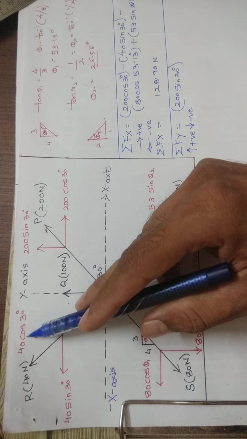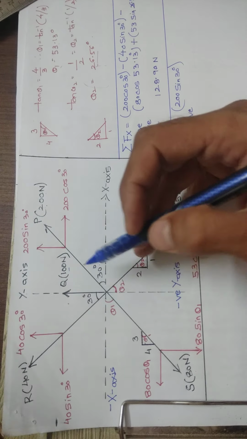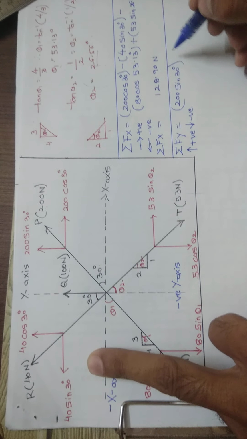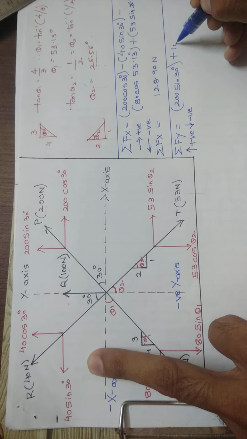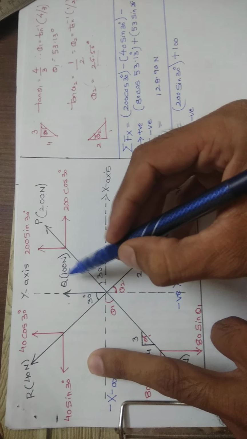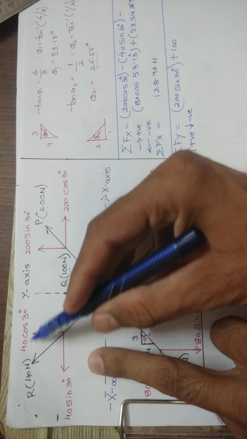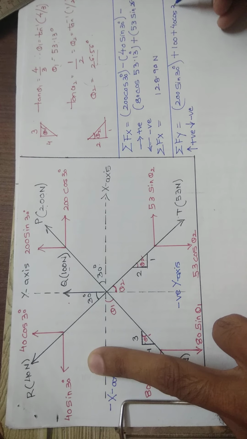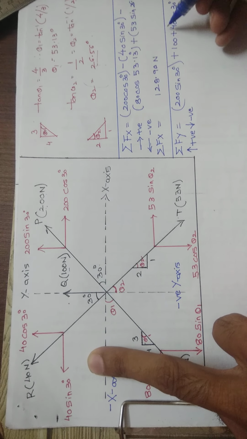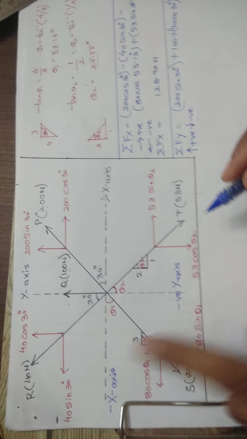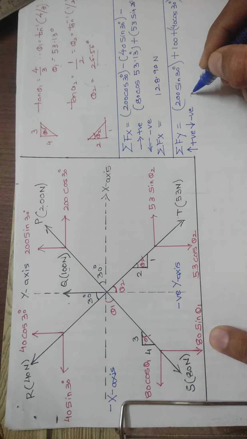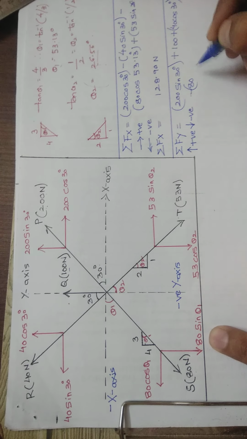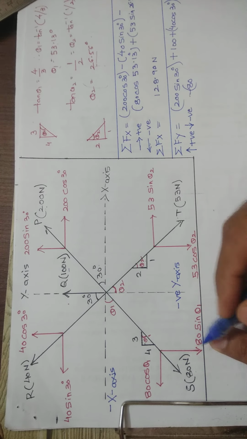Next, force Q, which acts directly vertically, so we take it as plus 100. Third force is 40 cos of 30, again plus. Next is minus 80 sine of theta 1.